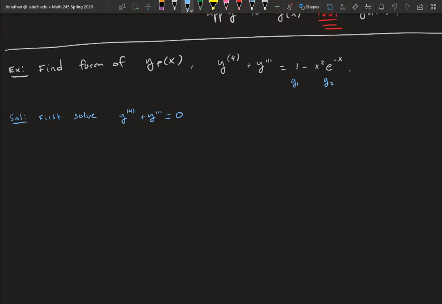So that would be m to the 4 plus m cubed equals 0. And I can factor as m cubed times m plus 1 equals 0.